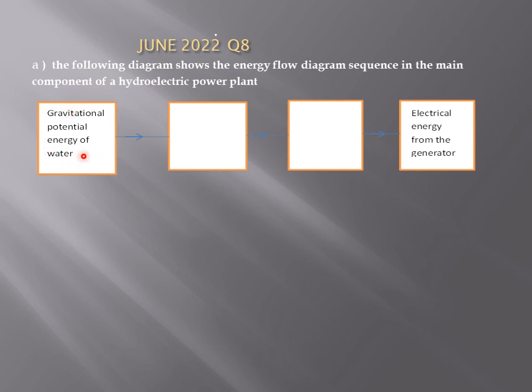This is the question. It has this gravitational potential energy. You have to fill this box with forms of energy, because we are asked to copy and complete this diagram.